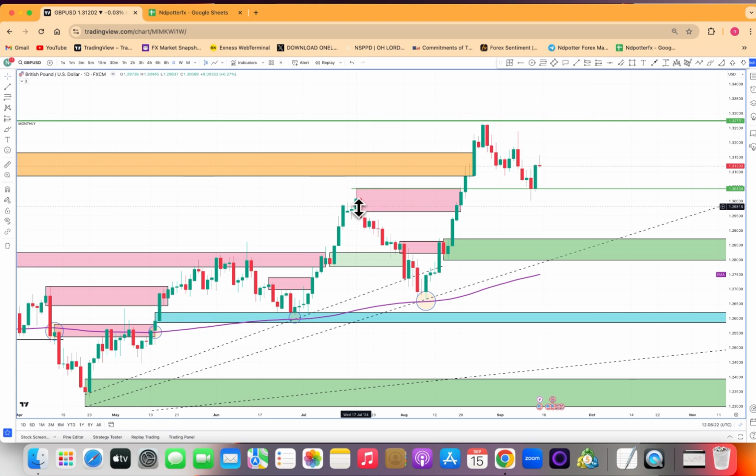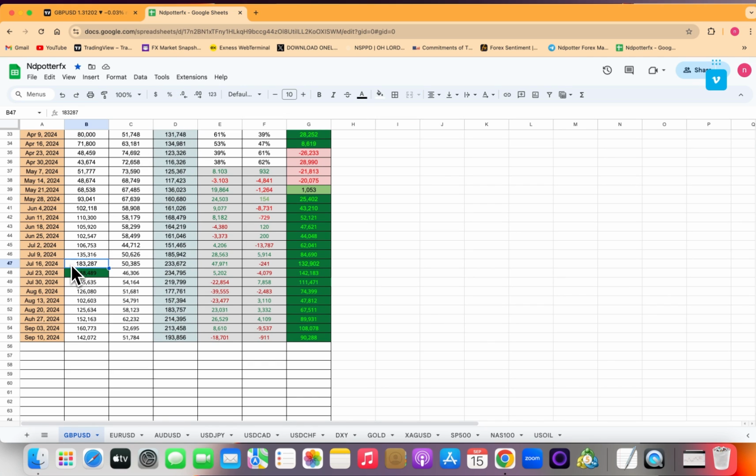So let's go and look at the data and see what number the data was on July 17th. Okay, so here we have July 16th. That's the area the price was on July 16th.